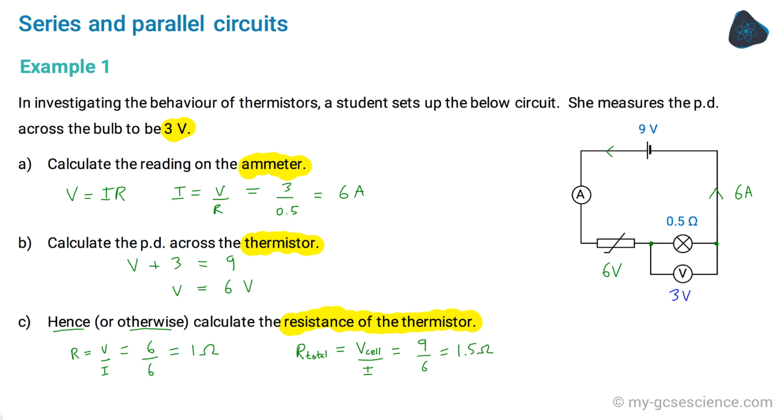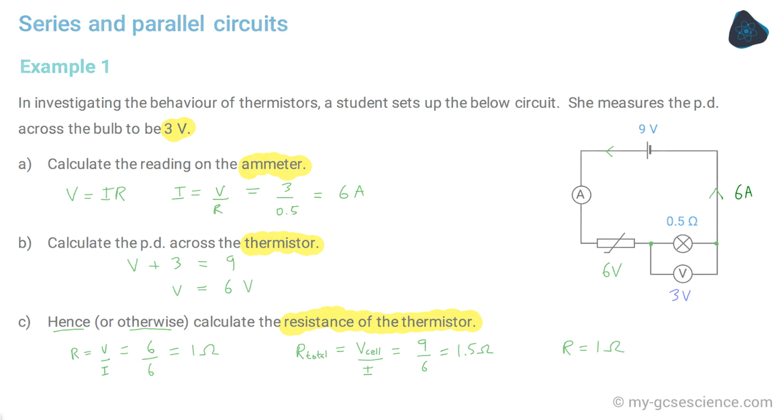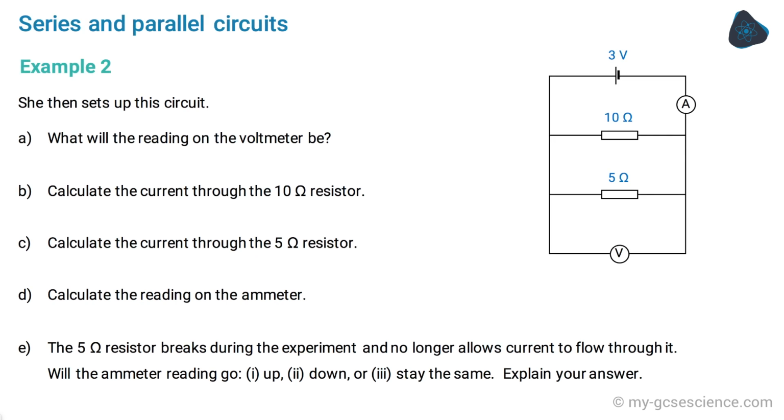Now we could get fancy and use the equation for our total, which we saw just a little while ago, or we could just use our common sense. So the total resistance of the thermistor and bulb is 1.5 ohms. The bulb has a resistance of 0.5 ohms, so therefore of course the resistance of the thermistor and our answer must be 1 ohm. On to example 2 now.